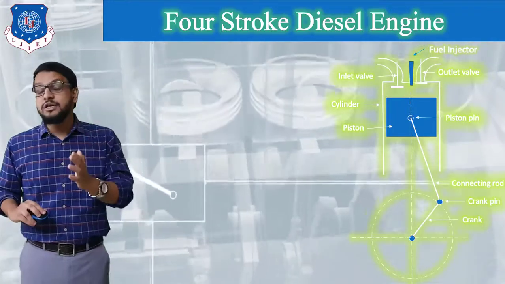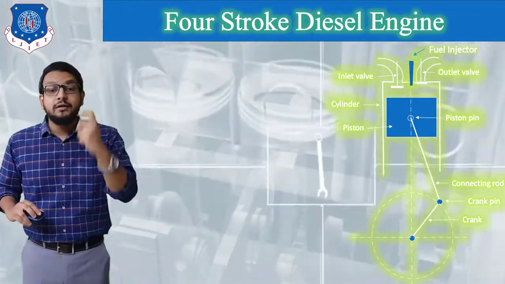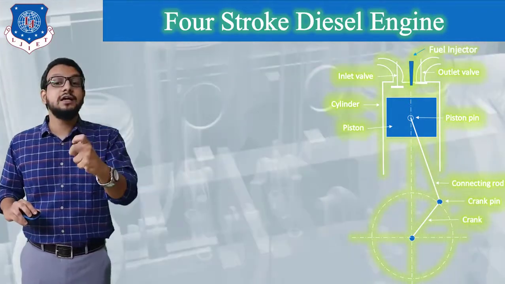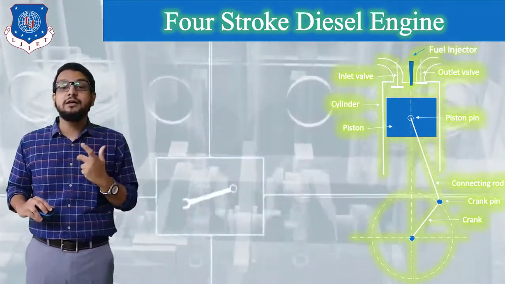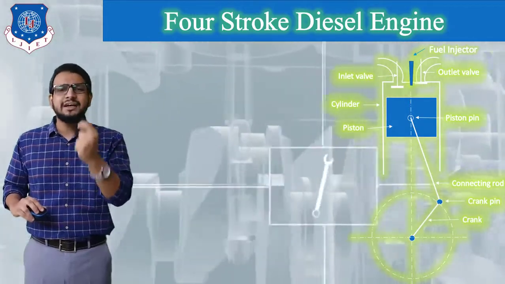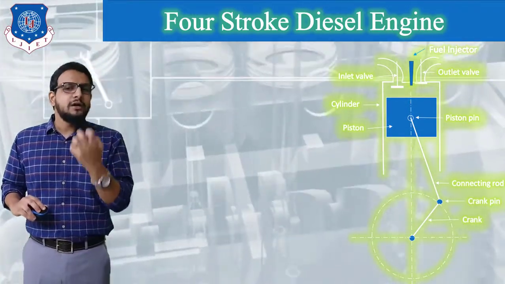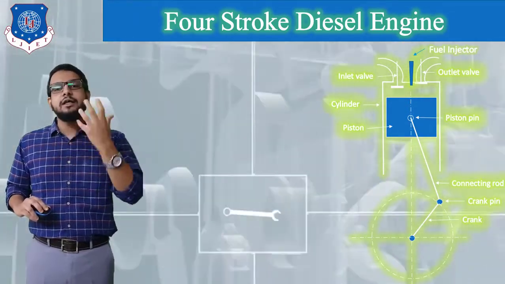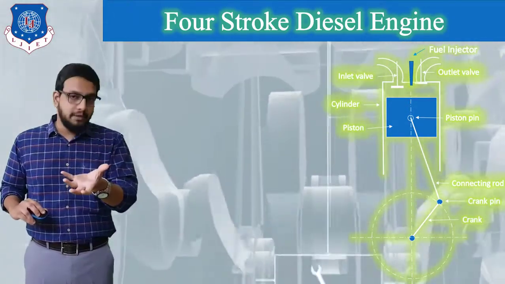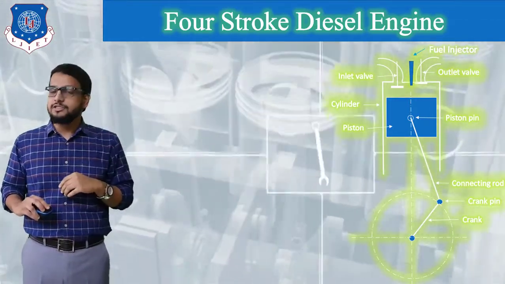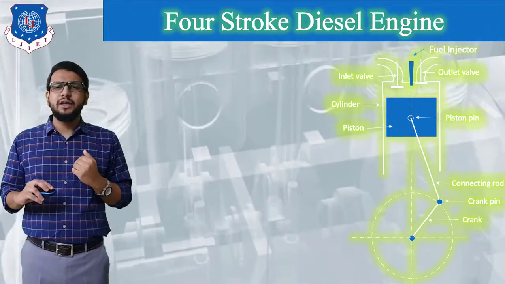The purpose of the fuel injector is to spray diesel fuel into the cylinder in a fine atomized form, which means much tinier particles, so that more contact surface area is provided and the diesel can be mixed evenly with air. What I am telling you, you will understand after seeing all these strokes. So let's begin with the introduction.